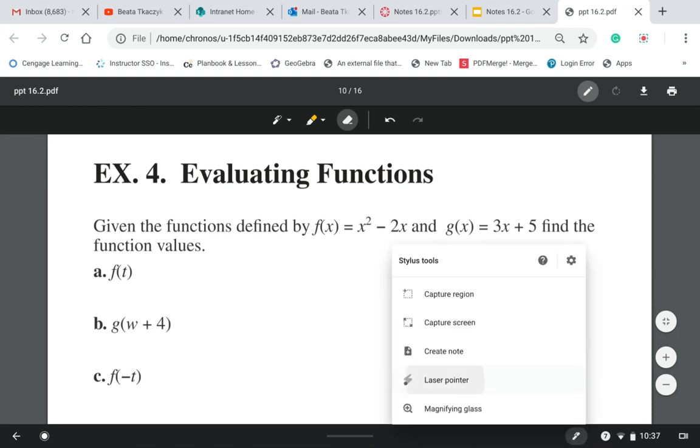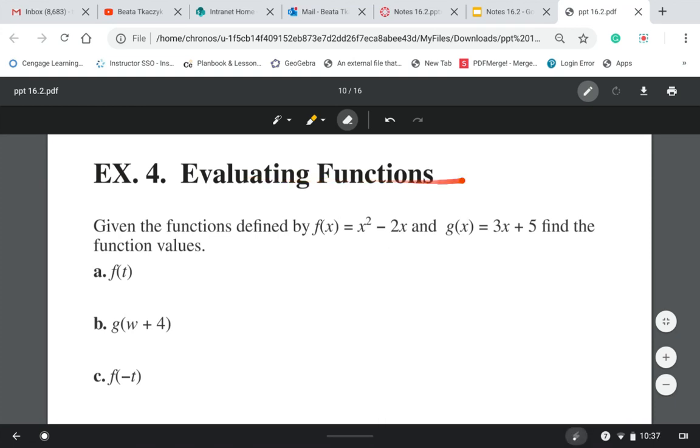We still have to evaluate the function, and we have the function equation f of x is equal x squared minus 2x, which is the same thing as y is equal x squared minus 2x. And we have two different functions. We have function f with this equation and function g with different equation. So quadratic, this is linear, two different functions. And we need to find the function value.